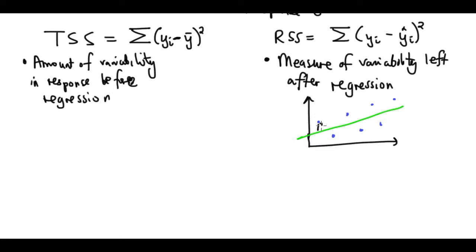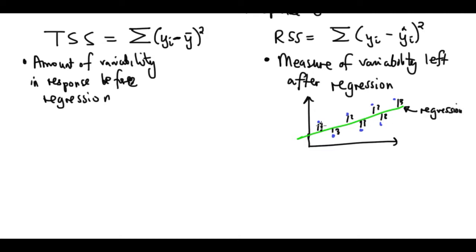These E's here are still left out, and those are now my RSS. They're the ones that are left, isn't it? The rest go into being explained using the regression. We get rid of some variability. This regression line, the green line, takes away some variability. Regression does that, right? But there's going to be some variability that's left out.